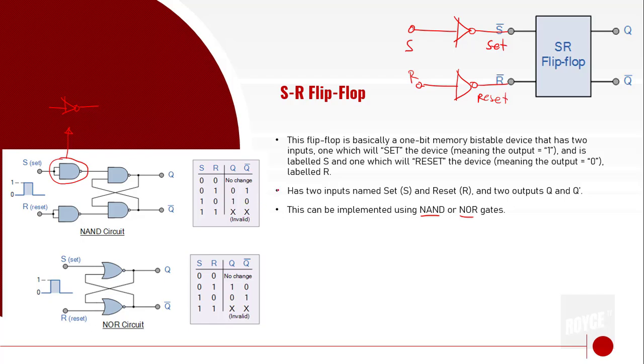So if the previous output is 1, 0, then of course the previous input was 1, 0.